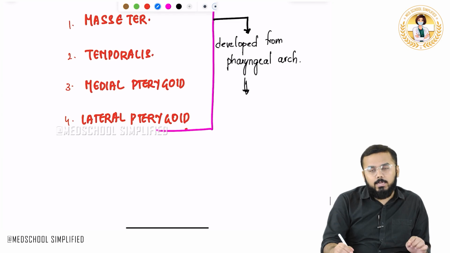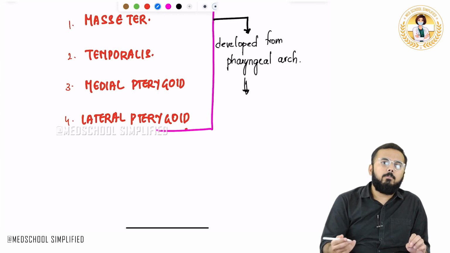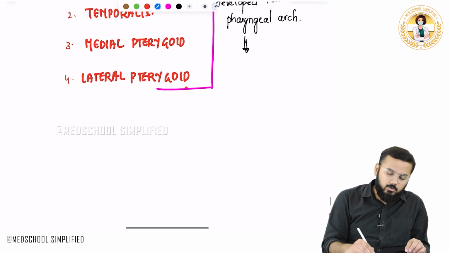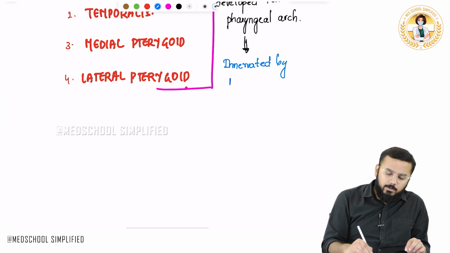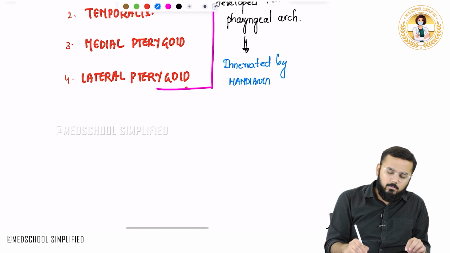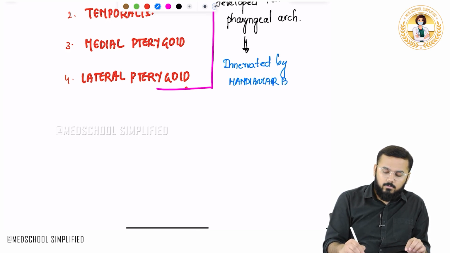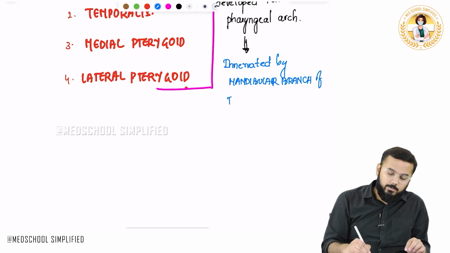Next important thing: all these muscles are innervated by which nerve? They are innervated by the mandibular branch of the trigeminal nerve.